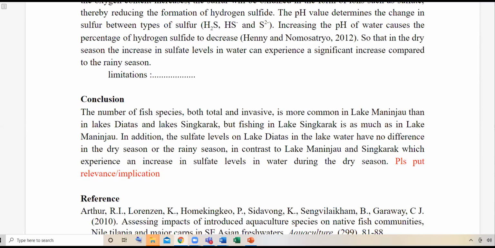Okay, so I think that's all from me. We have now understood how to describe the data in the results, how to discuss it in the discussion part, and how to construct the conclusions and follow it by the particular parts of the conclusion. You describe the very short major findings, and then you put the relevance or the explanations about the implications of your data.